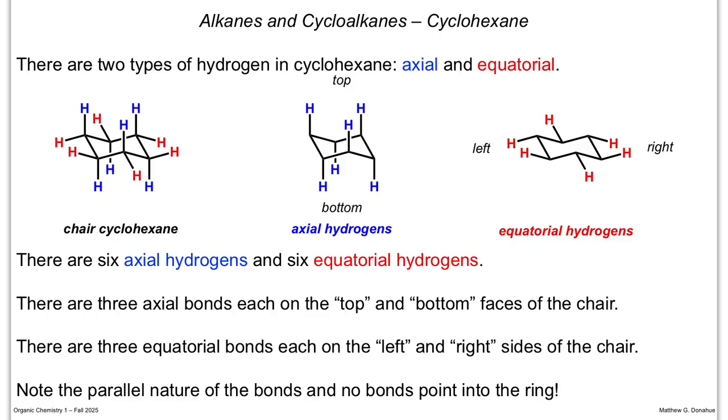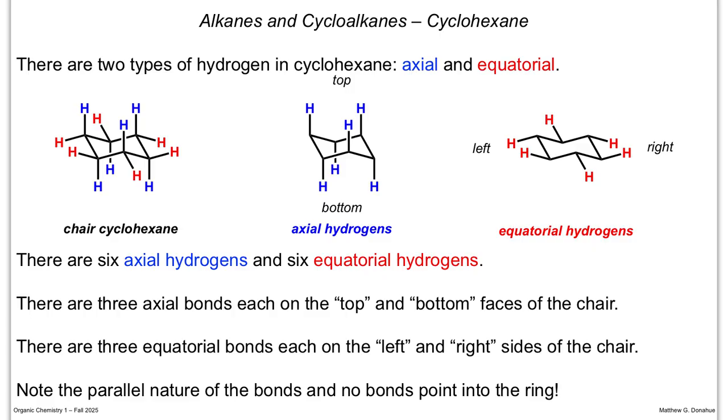So here's a six-membered ring. The purple ones will mimic the blue ones up there. The yellow ones, think of them as the red. So there's two classes of hydrogen now based on this chair conformation. So the blue ones are axial.